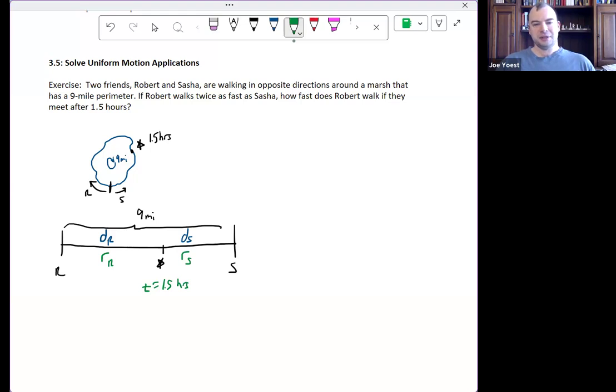And something that I see is that the distance that Robert walked plus the distance that Sasha walked has to equal 9. The sum of their two distances equals 9. And that's not just because of this schematic, but that makes sense up here, right?